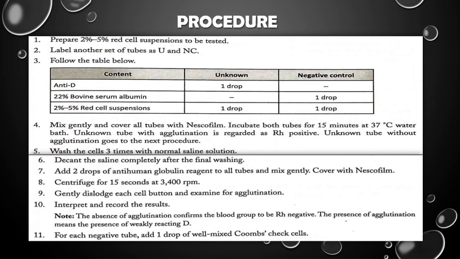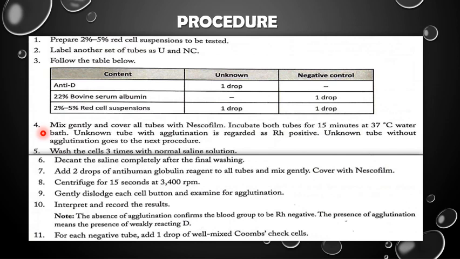So, anti-D, add 1 drop in unknown, 22% bovine serum albumin, add 1 drop in the negative control, and 2 to 5% red cell suspension, add 1 drop on each tube, unknown and the negative control tube.